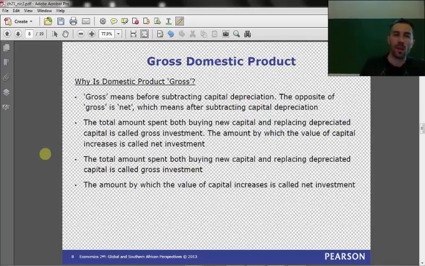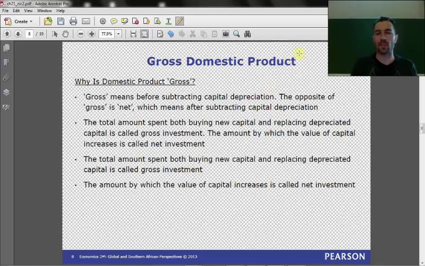Great stuff. Okay, first of all, just talking about gross. Gross means before subtracting capital depreciation. And the opposite of gross is net, which means after subtracting capital depreciation, which just all sounds horrible.